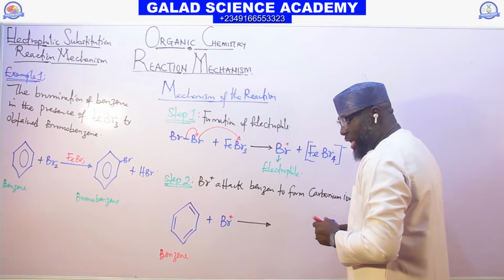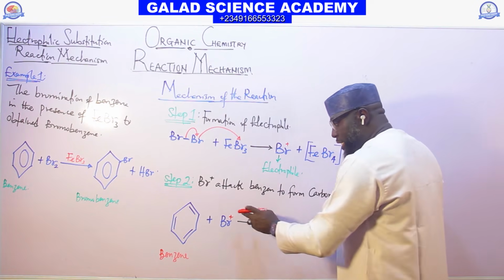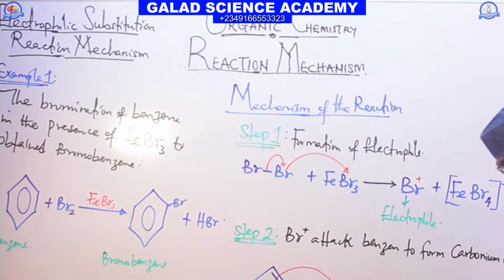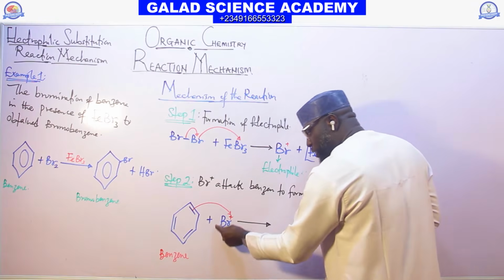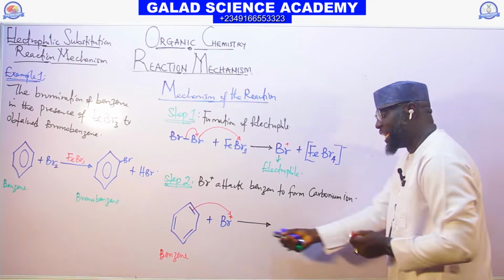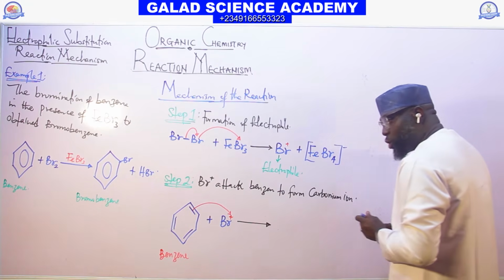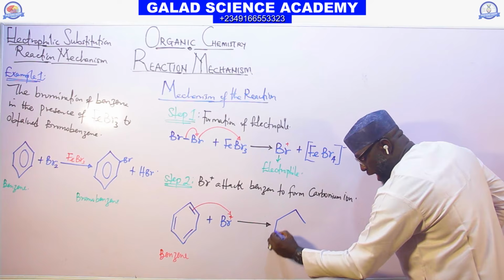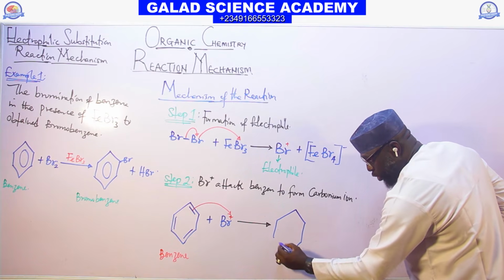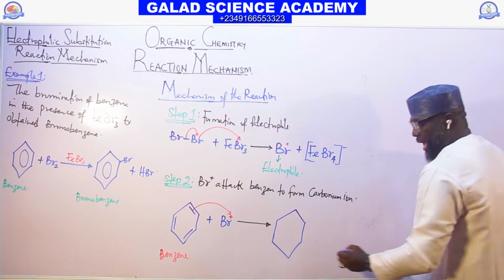Do you know what happened here? This is electron deficient. So the pi electrons attract this electrophile, the electron deficient species. So it will now have a benzene structure of this kind.